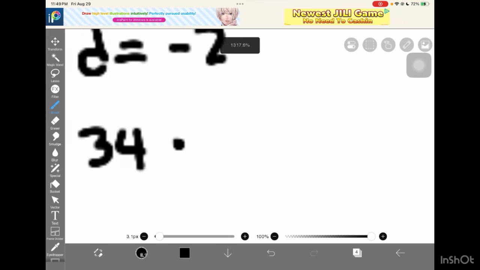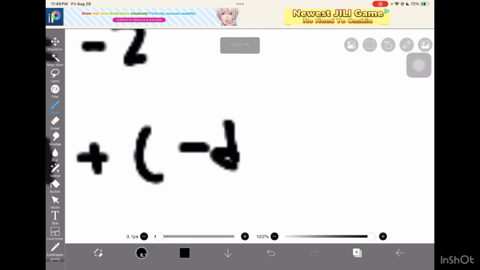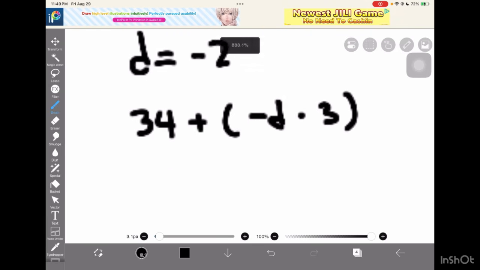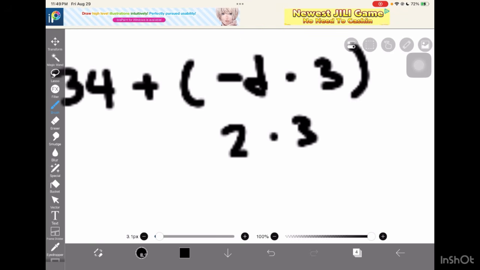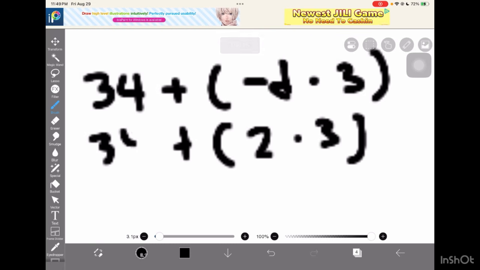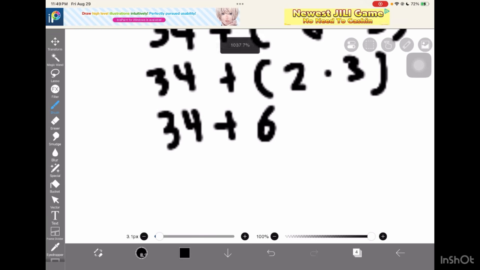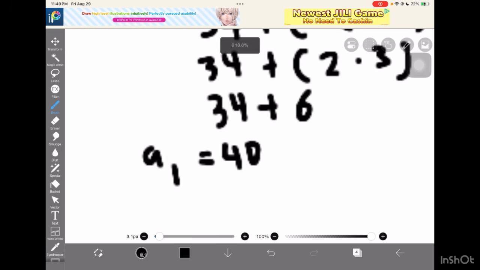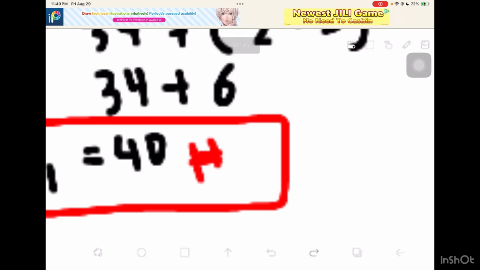So we have to multiply negative d times 3. d is negative 2, so negative d is just 2. So 2 times 3 is 6, so 34 plus 6 is equal to 40. And that's going to be our answer for number 15.